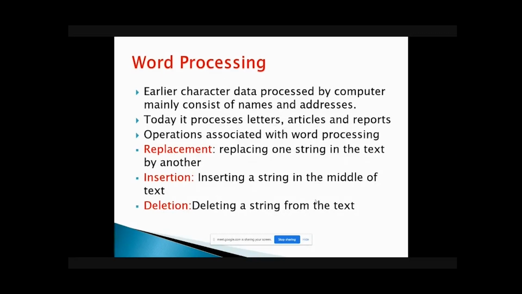The next thing is something called word processing. Now, what is this word processing? Earlier, when we gave data to the computer, any data which dealt with character data, like today we talk about text data, integer data, floating data, mainly consisted of names and addresses.